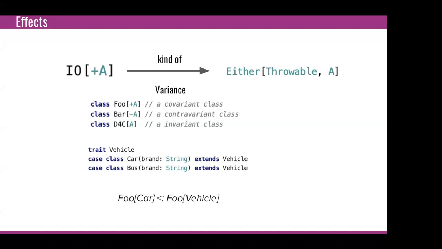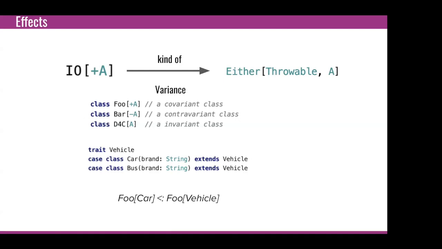Let's look at these types, class Foo, class Bar, and class Differ C, and the ADT I present on this slide. Given class Foo[+A] means that this is a covariant class, and class Bar[-A] means that this is a contravariant type. And if you have just an A, that means that this type is invariant with respect to its type parameter.